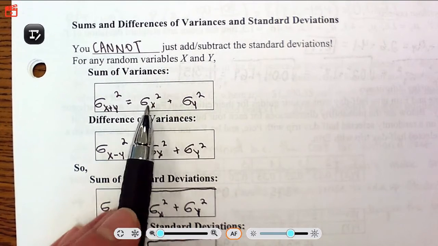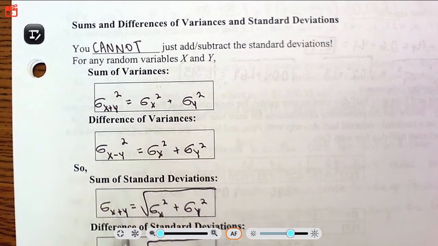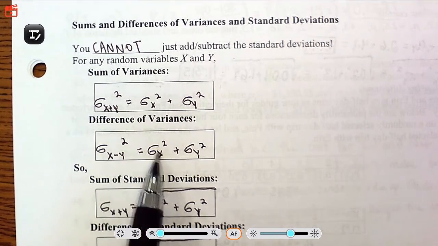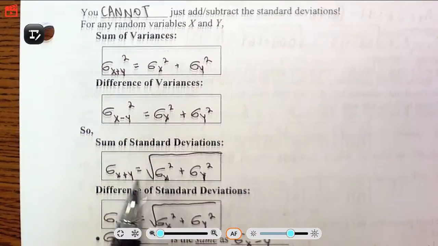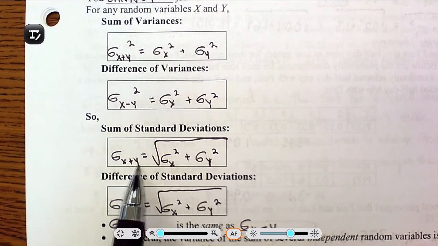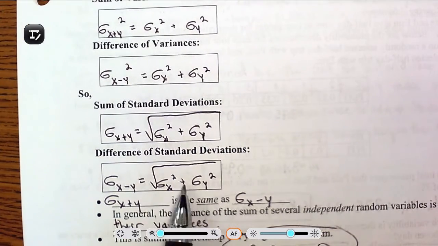So make sure that you square the standard deviations, add them, and then you can square root again to make it back to a standard deviation. Same thing for the differences. So the standard deviation of the sum, sigma X plus Y, equals sigma X squared plus sigma Y squared, square rooted. Same thing for a difference, but when you find the standard deviation of the difference of two random variables, it's still going to be an increased amount of standard deviation.